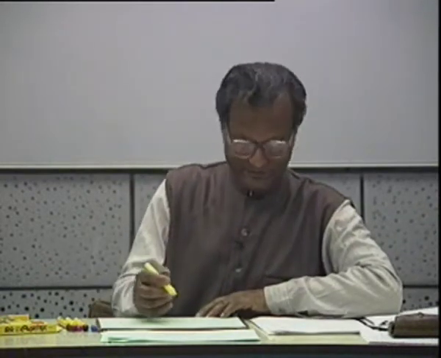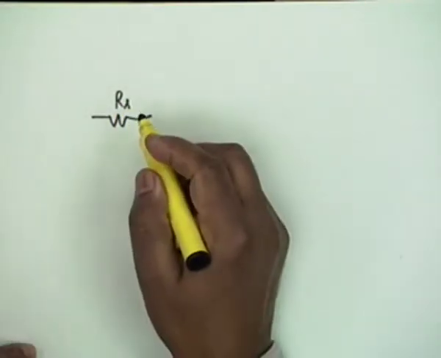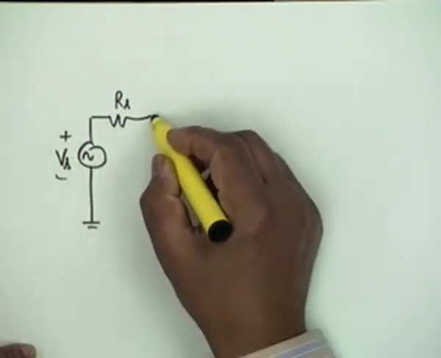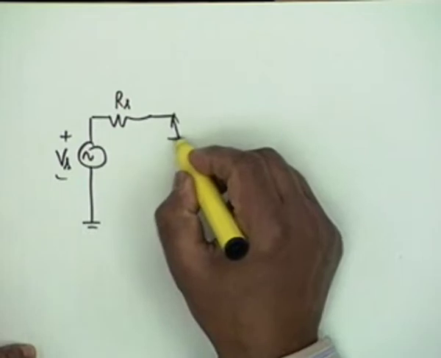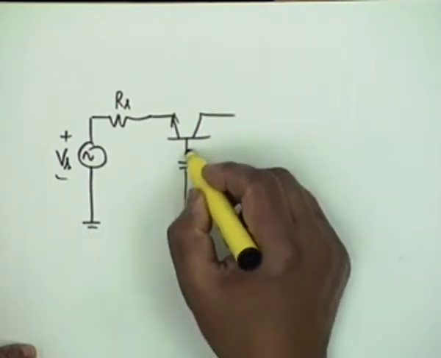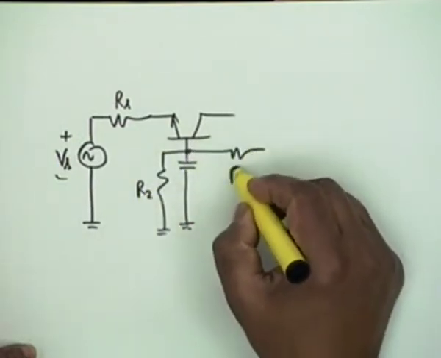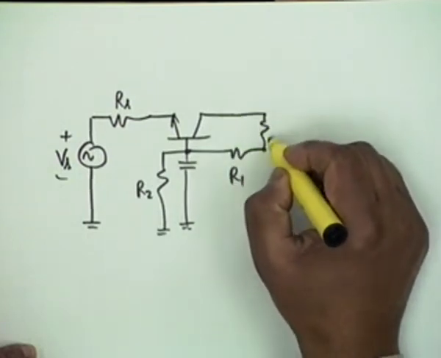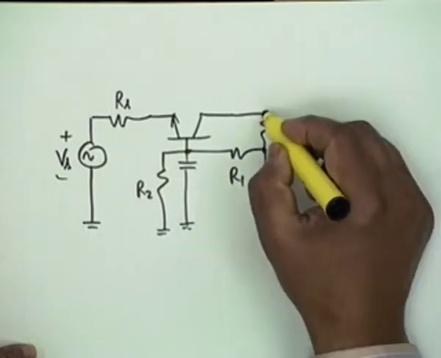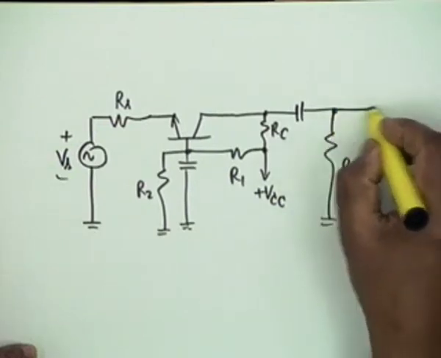About the third problem. The third problem was a common base amplifier, and the question is this: Vs plus minus, then you have a common base, so a capacitor, bypass capacitor, a resistance R2, a resistance R1, RC, this is plus VCC, and the output is taken here as RL.